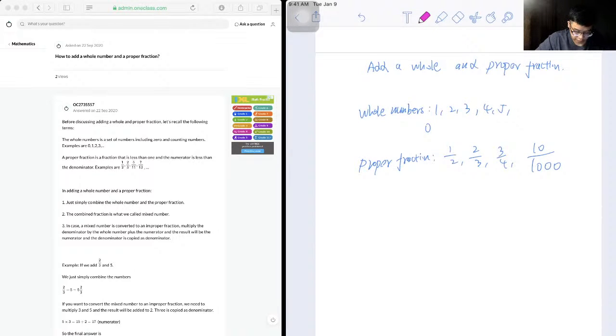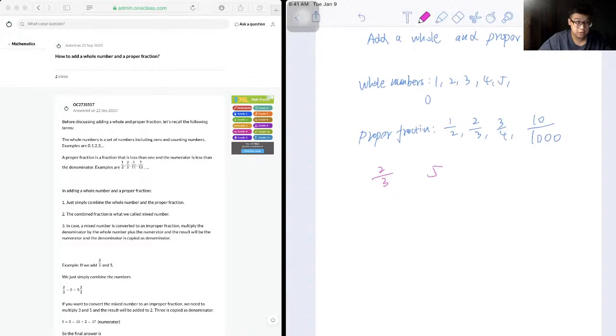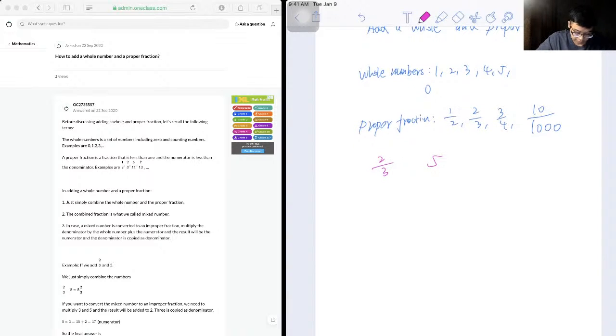The proper fraction will be 2 over 3, and the whole number will be 5. First we can combine them together, which will be 5 plus 2 over 3, that is 5 and 2 over 3. If we want to convert the mixed number to an improper fraction, we multiply 3 and 5, and the result will be added to 2.